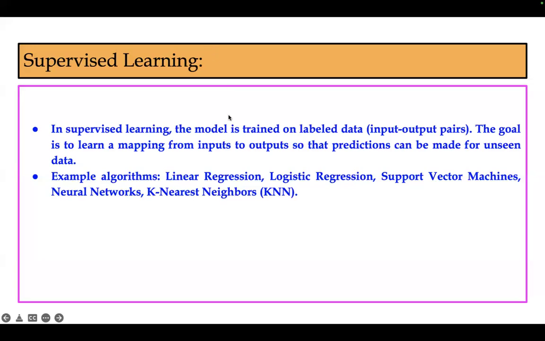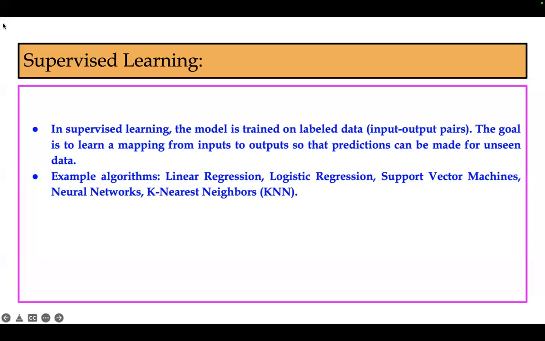So supervision means what? Someone is giving guidance to you, showing how to proceed, or in which way you have to solve a particular problem. That is known as supervision, and the one who is doing that is known as a supervisor.